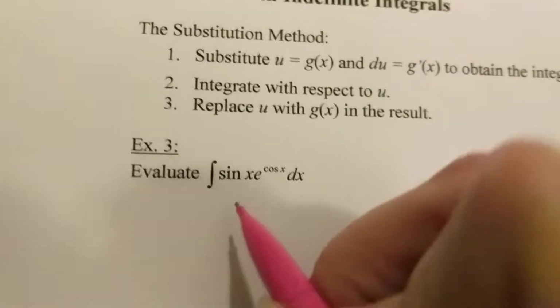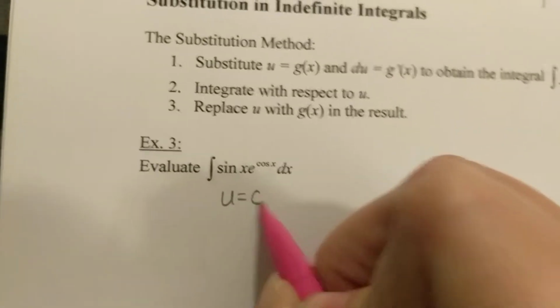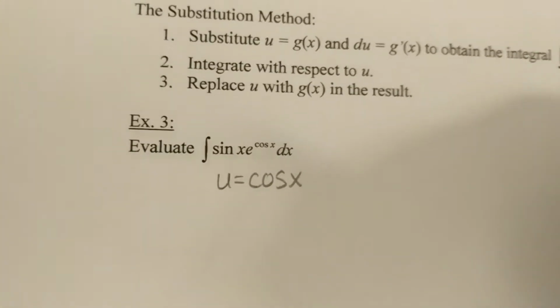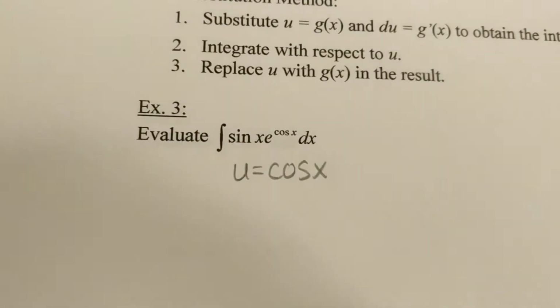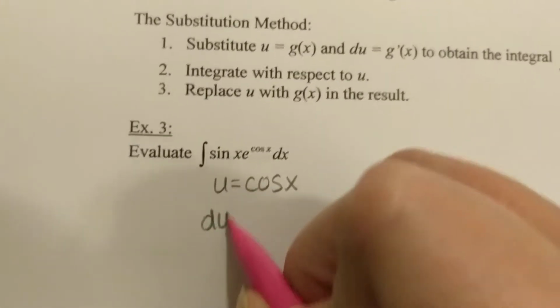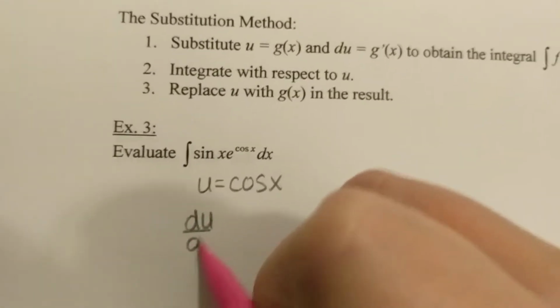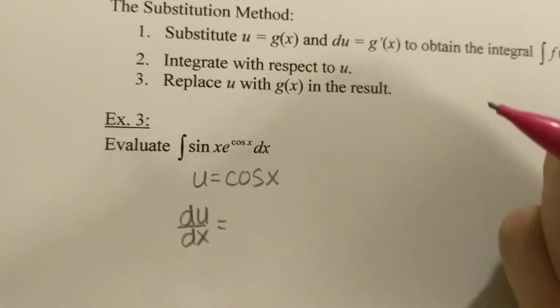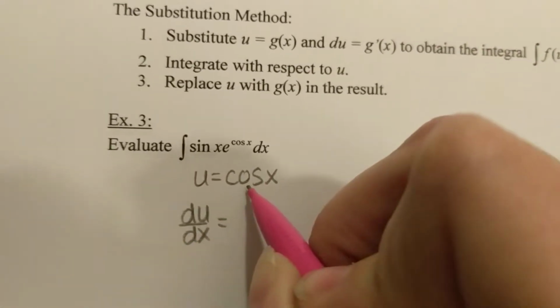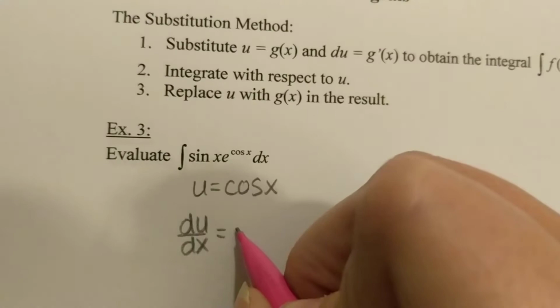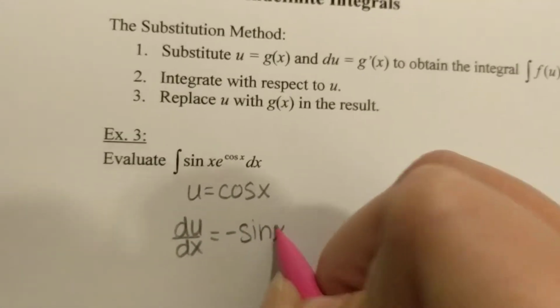So we say, all right, let u, the inside function, be cosine of x. Now I need to know the derivative of u with respect to x. Well, the derivative of cosine is negative sine of x.